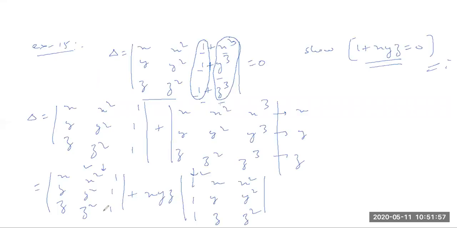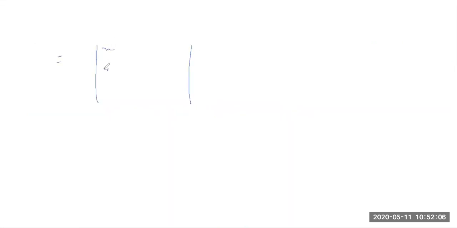See what we'll do to make this determinant and this determinant same. Write the first one the same as it is. So it will be x y z, x square, y square, z square, and 1, 1, 1. Here we got x y z outside.